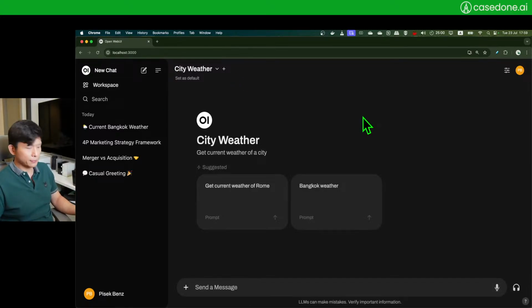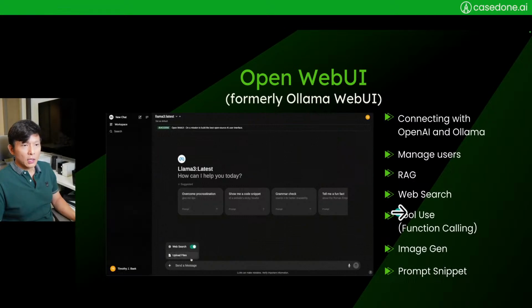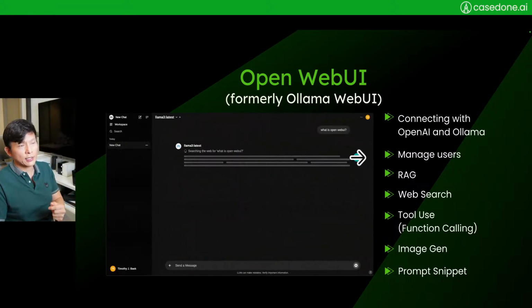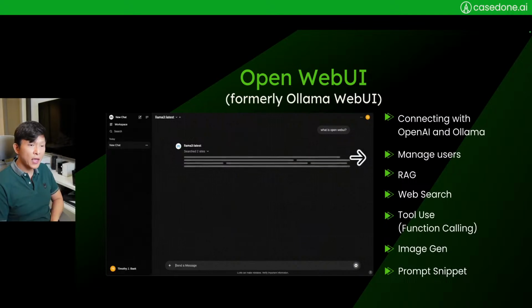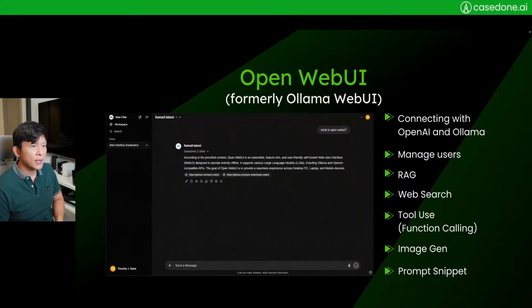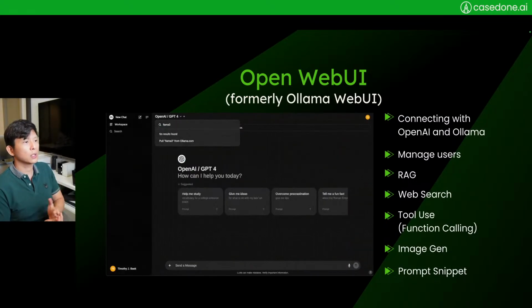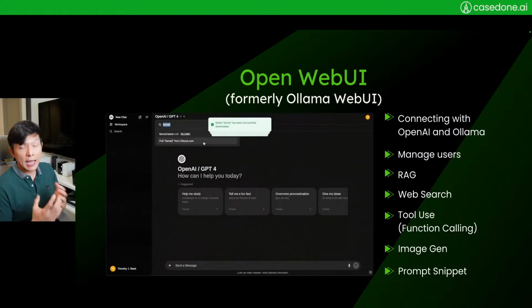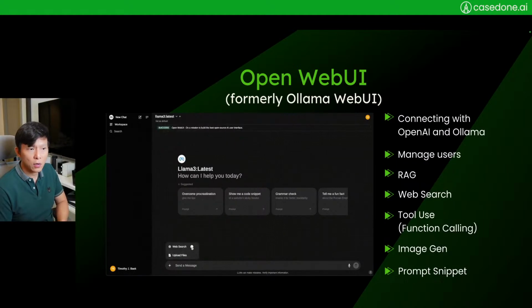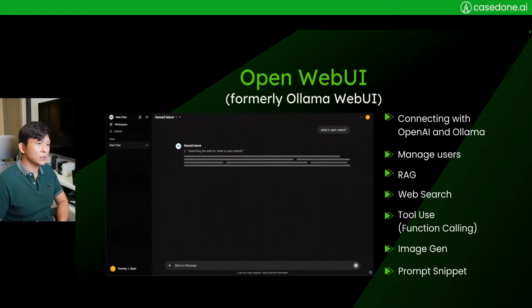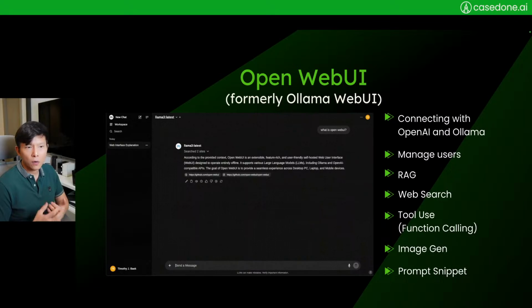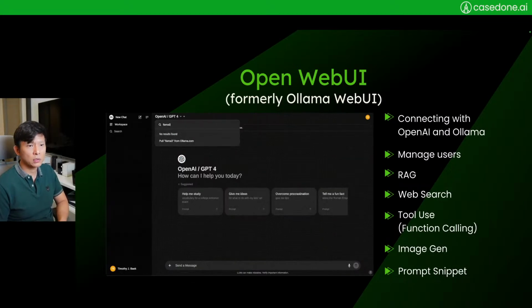Right. Here we go, guys. Even though that is a glitch, I still think Open WebUI is a valuable open source tool that allows you to have an AI as an assistant or an agent. And the interface is very easy to use. You can connect it with OpenAI API or even Llama that you can host on your server as well.